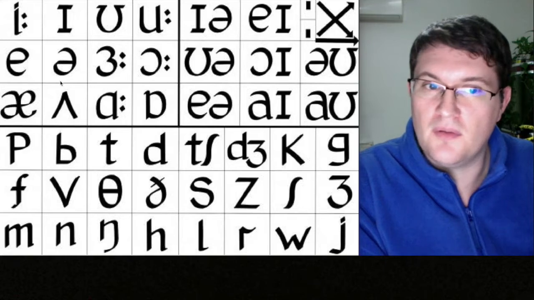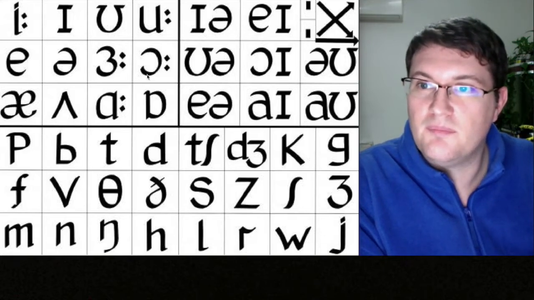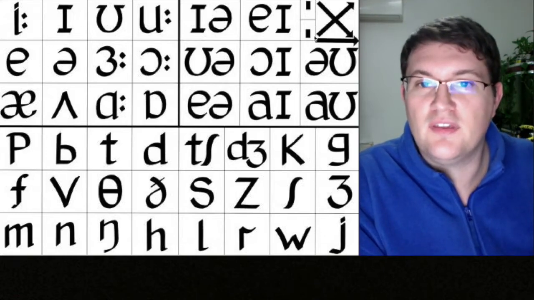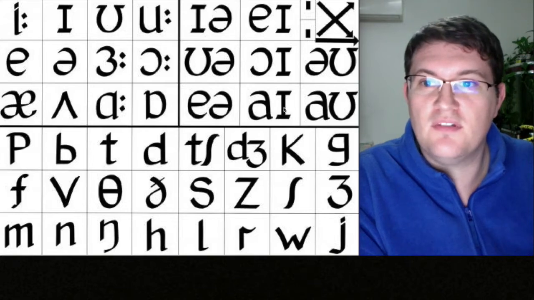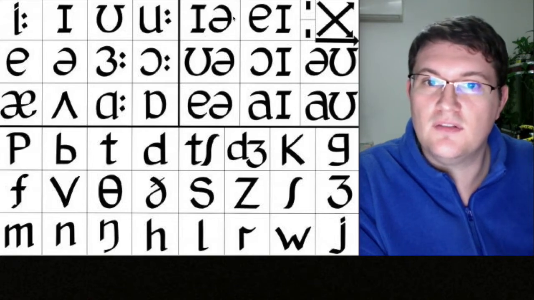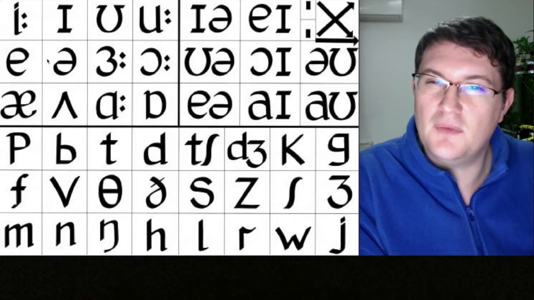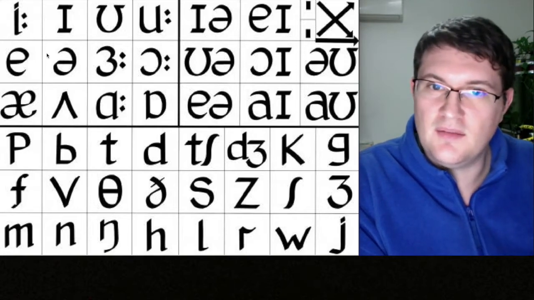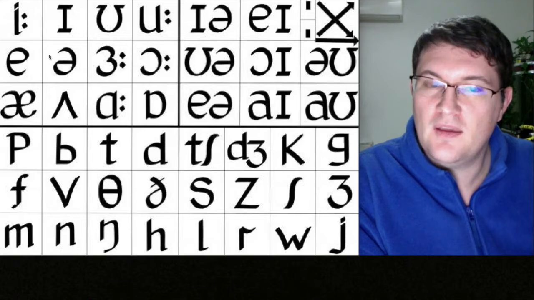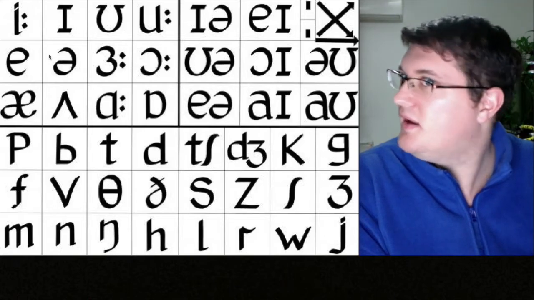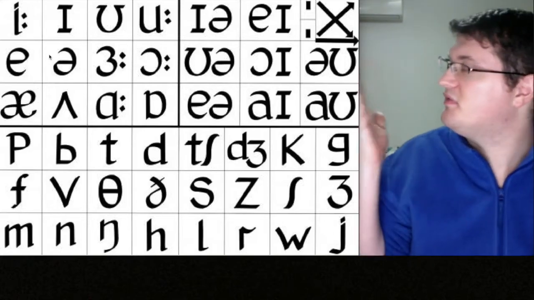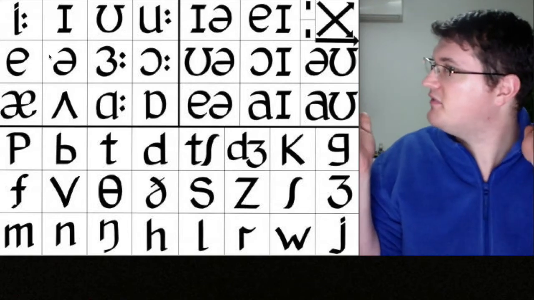They're monophthongs by themselves. Over here we have combinations of these monophthongs called diphthongs, and then at the bottom we have consonants. So the chart is laid out in a systematic way. Basically, if you look at my head here, this is the front of the chart and this is the back of the chart.